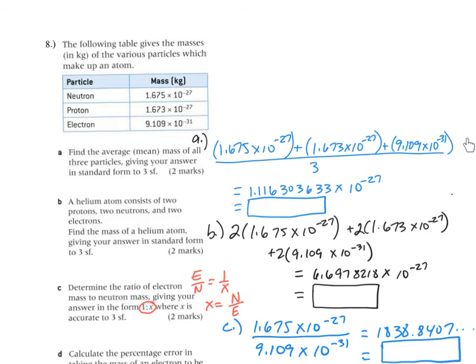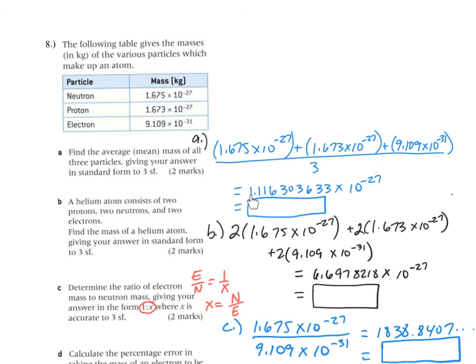So here's the arithmetic that you would do. Of course, to get the average of 3 numbers, you add them together and divide by 3. This is what you're going to see on your calculator. But if you're going to get it in standard form to 3 significant figures, remember this is times 10 to the negative 27th. So this decimal point would be moved to the left 27 times, and there'd be a whole bunch of leading zeros.